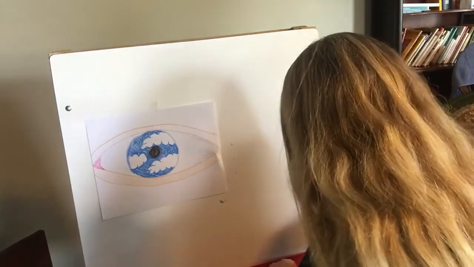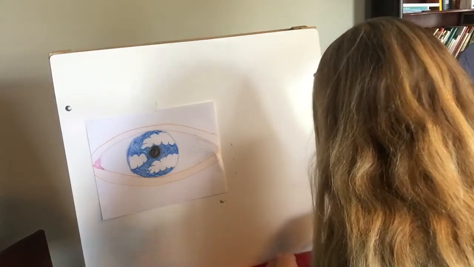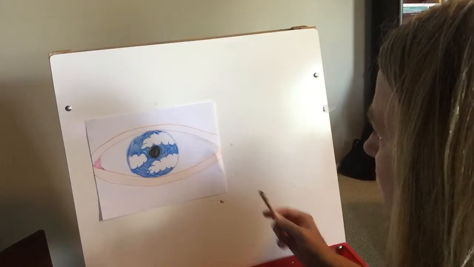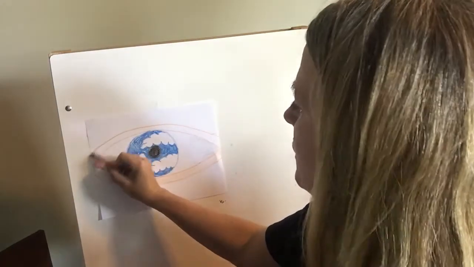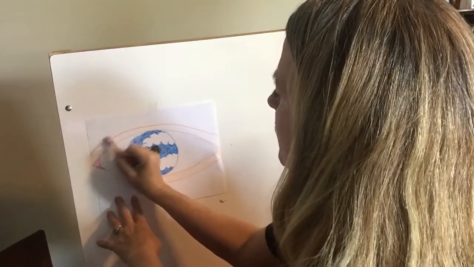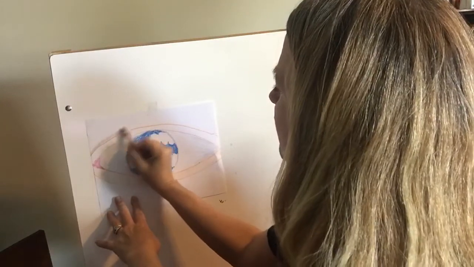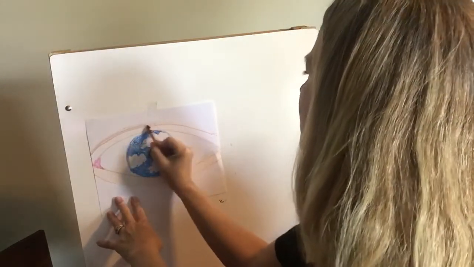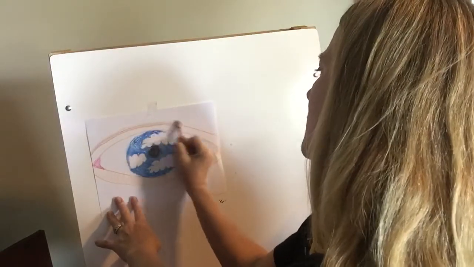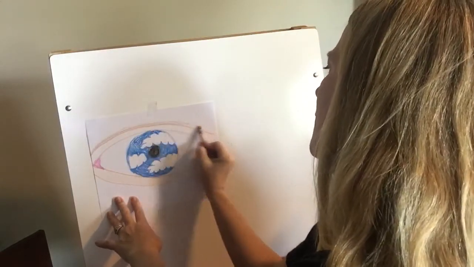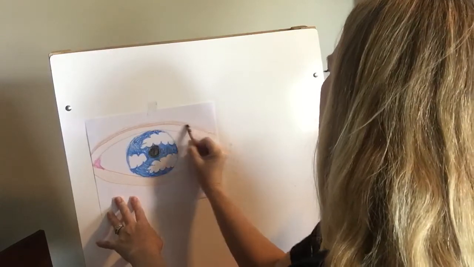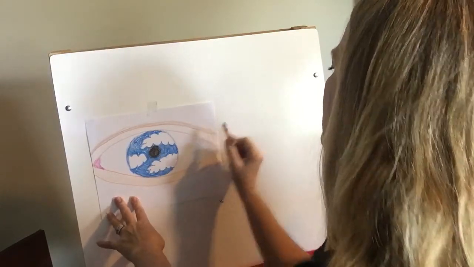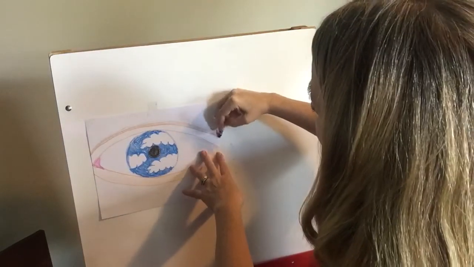Now, I'm going to use a little bit of a brown color because I want to make this area a little bit darker. Because this is the crease of my eye. This is that part of my eye where my eyelid kind of squishes into my eye socket.